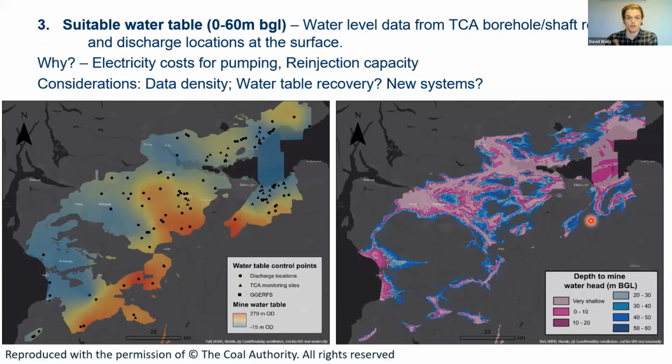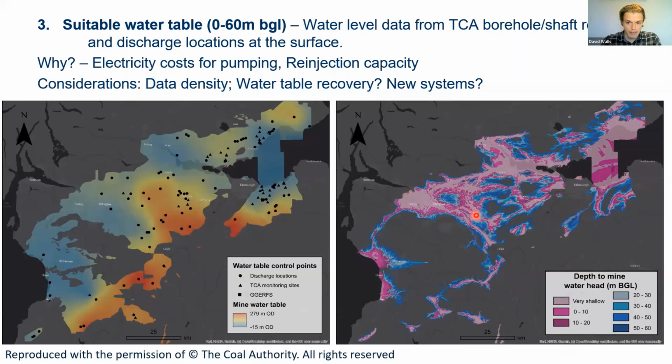And then we can subtract that absolute value from the surface elevation model, and that will give us depth to mine water head. And these are the values that are going to be useful because with different depth to mine water head, you have different electricity costs for pumping your mine water.